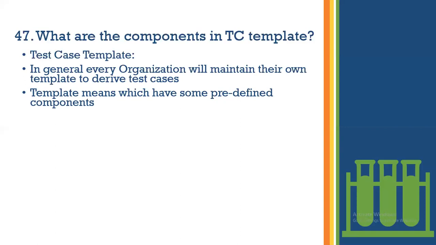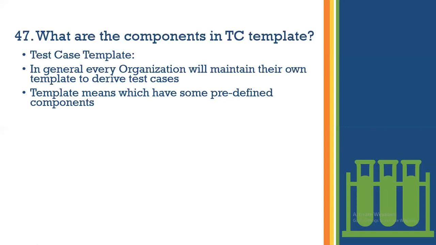But as a test engineer, you should be aware of three kinds of templates: test plan template, test case template, defect template. Similarly, you should be aware of the three life cycles: software development life cycle, software testing life cycle, and bug life cycle.